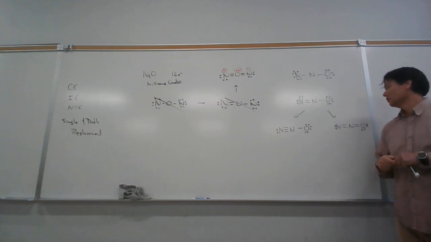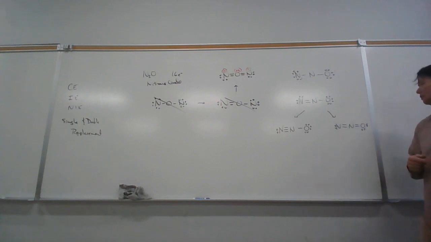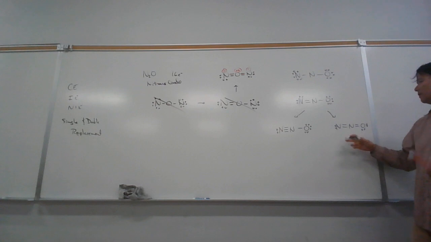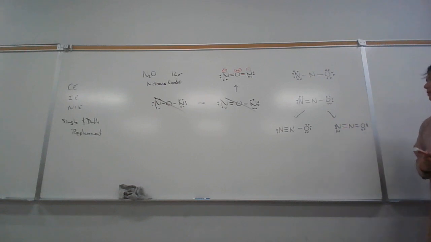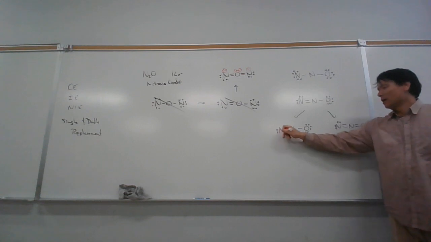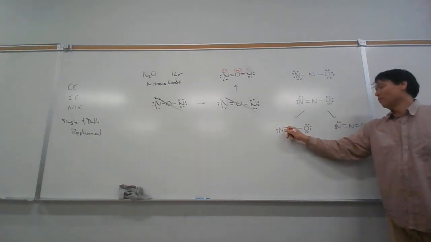There's no lone pair on the first nitrogen. Yeah, there's a lone pair missing here. But you can double bond on both sides. It's symmetric, but let's take a look at the formal charge. Let's count it. 1, 2, 3, 4, 5.